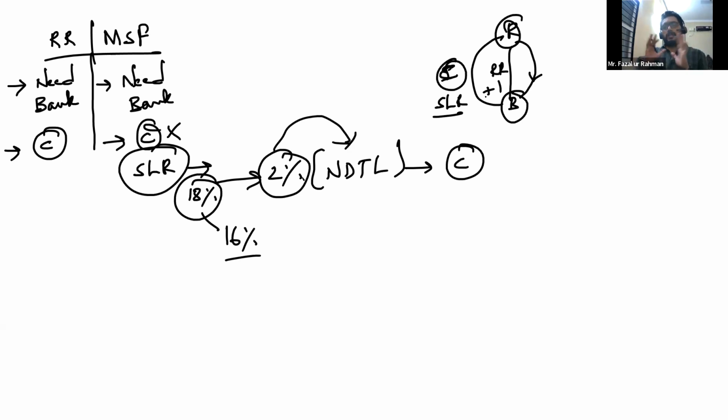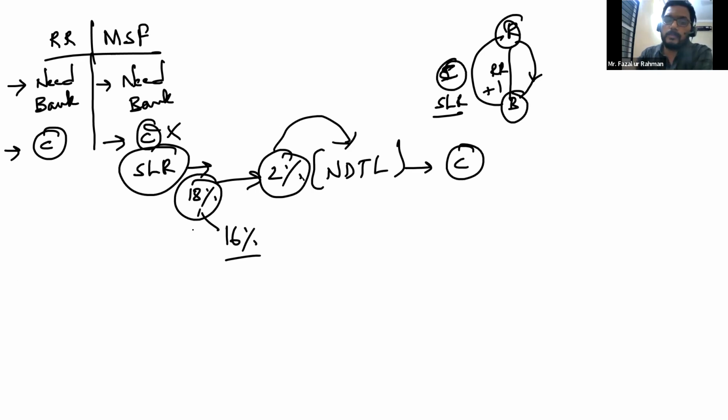See, in repo rate you are going with collaterals, and in MSF also you are going with collaterals. But in repo rate you are going with regular collaterals. In MSF you are touching those collaterals which you are not supposed to touch, that is SLR. You're not going with regular collateral, but still you are going with collaterals. The collateral you are taking is SLR, that is 2%.